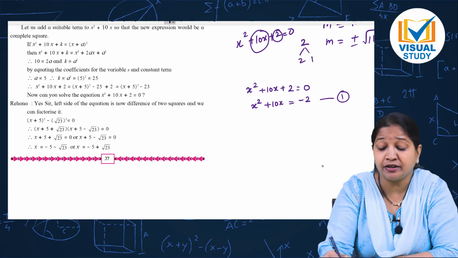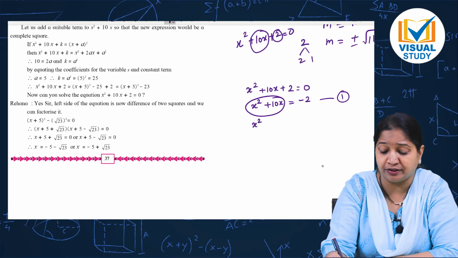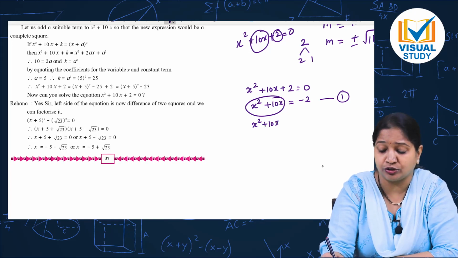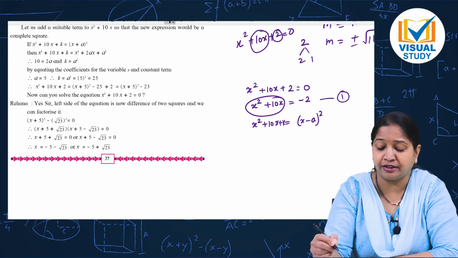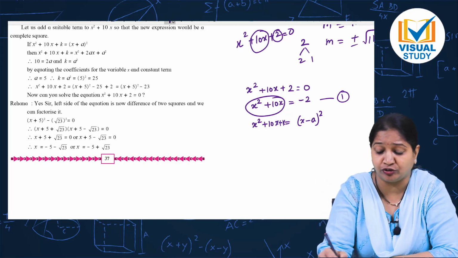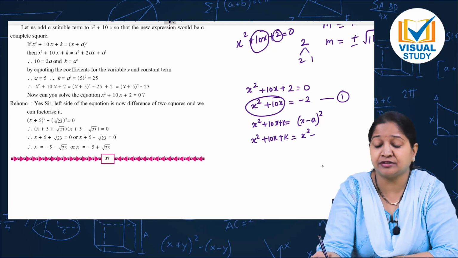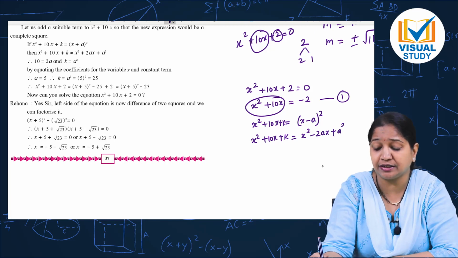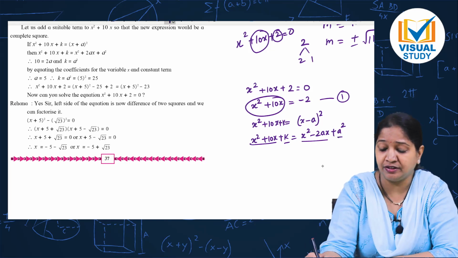Now you have to compare this with x minus a whole square, and you have to write here k, so that k makes it a complete square. So x square plus 10x plus k equal to x square minus 2ax plus a square. Now compare this with this and this with this.